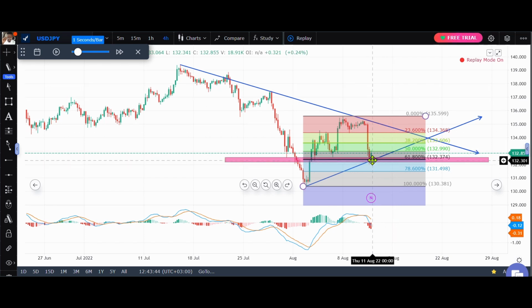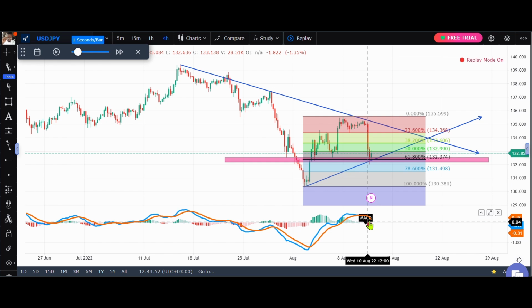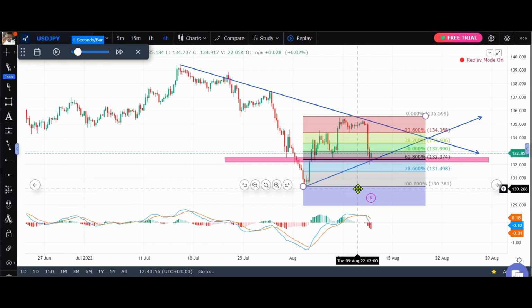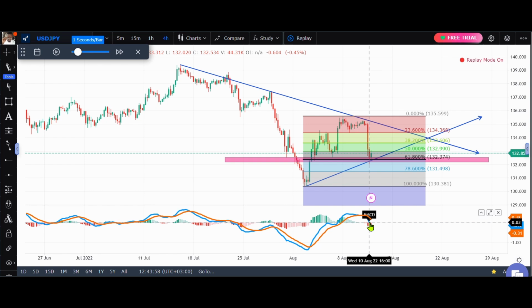This confirms that this is a rejection. Now, when we look at the MACD down here, the MACD has not confirmed. The MACD is telling us that the price is going down. The price is bearish. Now, let's wait and see what happens.